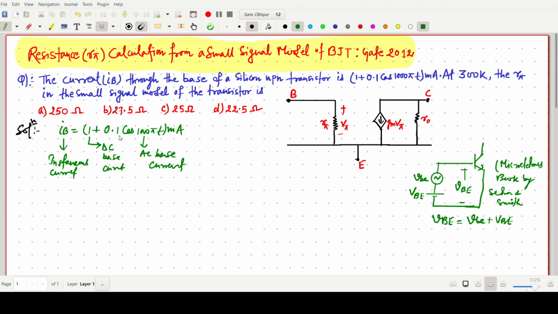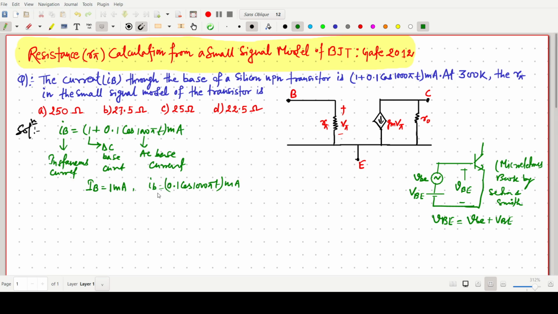So in this question, IB is given. The DC base current is 1 milliampere, and the AC base current is 0.1 cos 1000 pi t in milliampere.